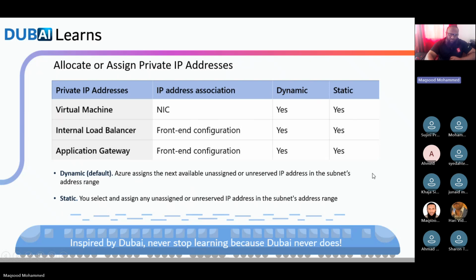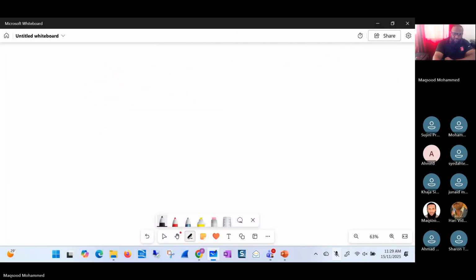So let's go to the whiteboard, make it much more clear before we run through all the slides. Okay, let's draw a virtual network first, a block.